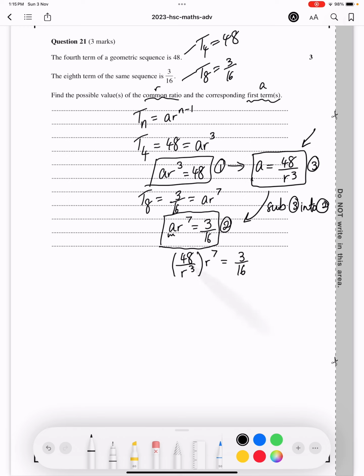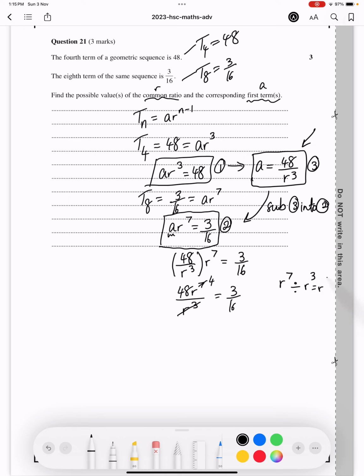So this becomes 48R to the power of 7 over R cubed equals 3 over 16. This will cancel with 3 of those. So as we know, when we have something like this and it's divided by something like this, when the bases are the same and you're dividing those numbers, the powers will be minused.